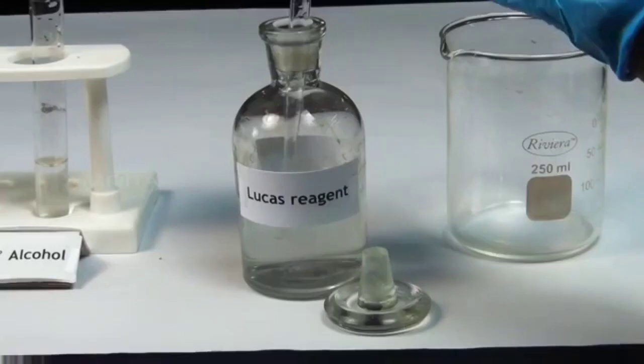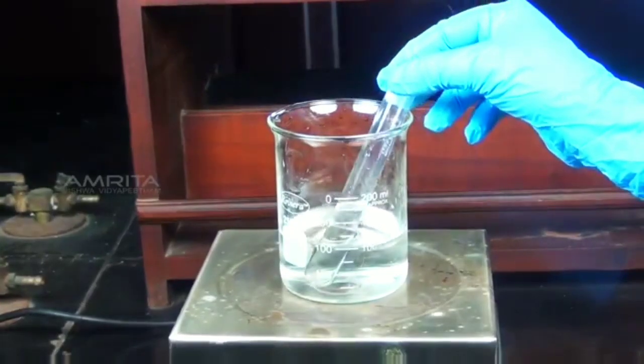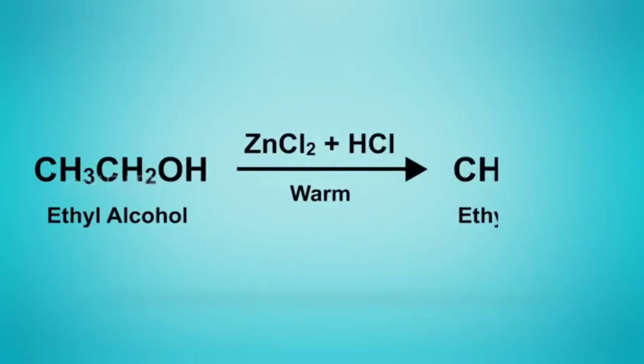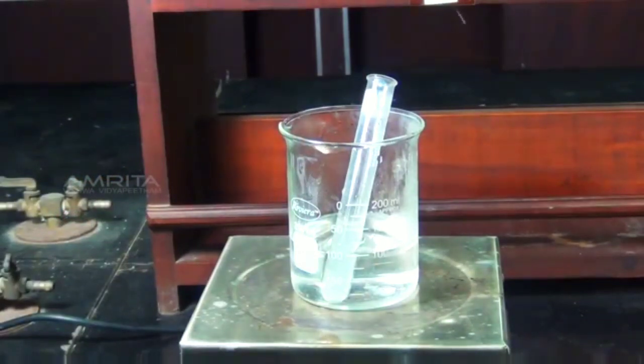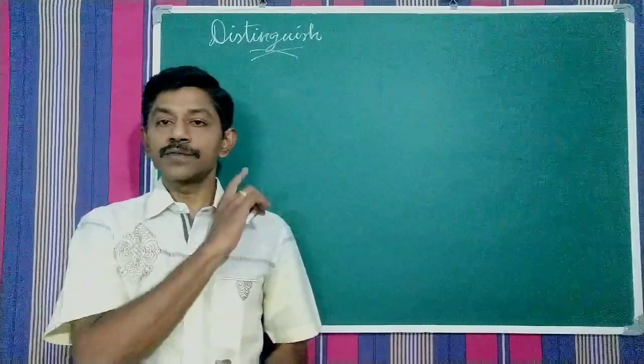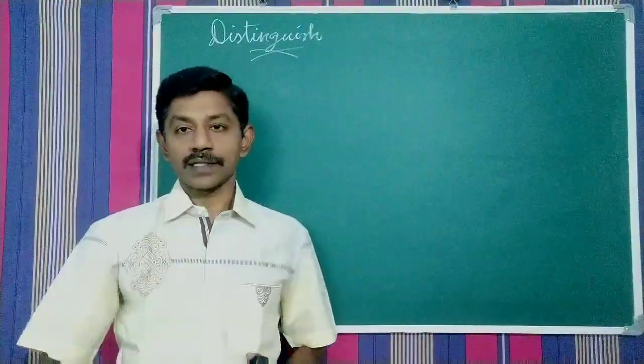Now add a small quantity of Lucas reagent to the primary alcohol. Warm the test tube on a water bath. On warming, primary alcohol reacts with the Lucas reagent to form alkyl chloride, which being insoluble results in cloudiness in the solution. To distinguish the three types of alcohol, we learned the Lucas test.